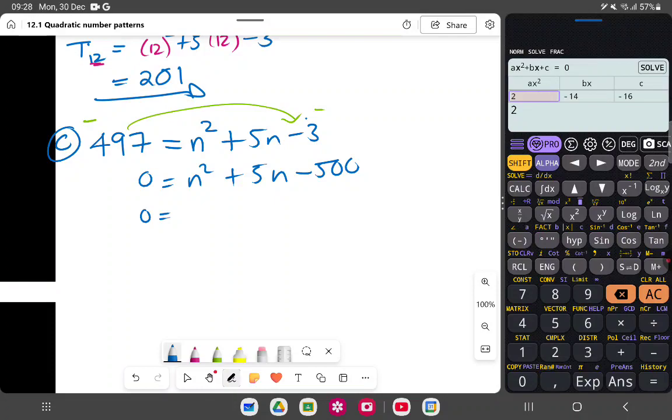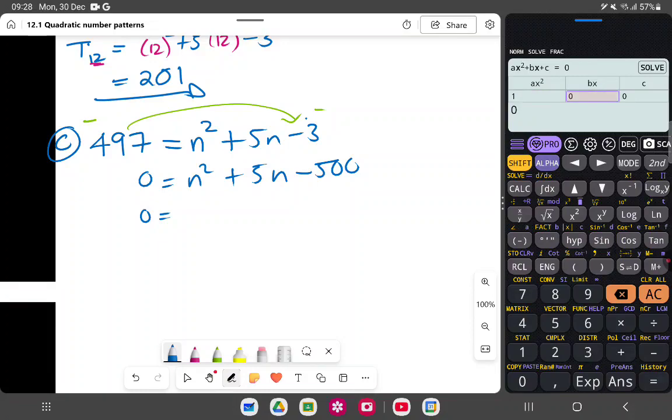Now you are going to have a table in front of you, and inside the table you are going to input the value for a, for b, for c. Now mine's got values in. Let's clear it out. Okay, let's put in the values. According to this equation on the screen, the value for A is 1. So I click 1 and I press equals.